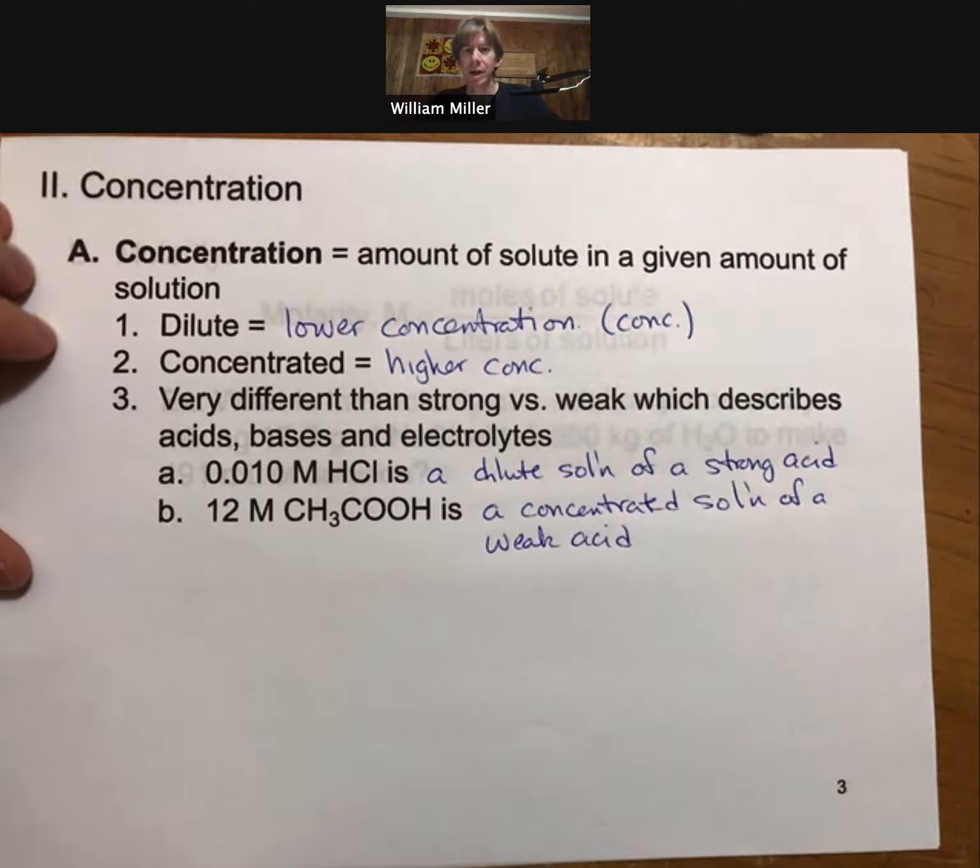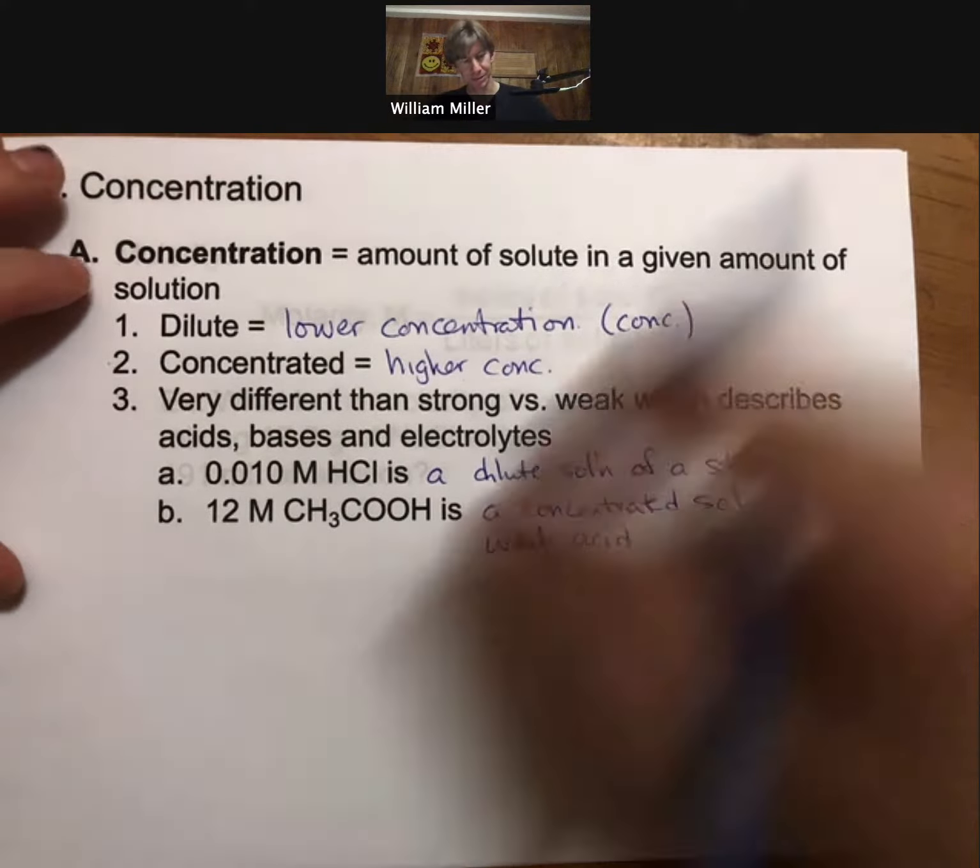So if I were to describe my coffee, which I wish I had right now, I would call it a concentrated solution. That would be a better chemistry term than a strong solution.